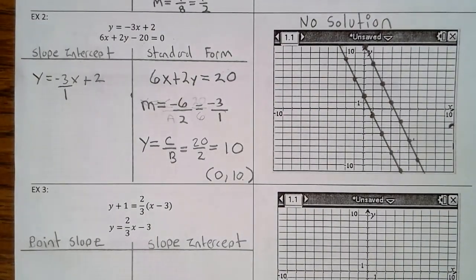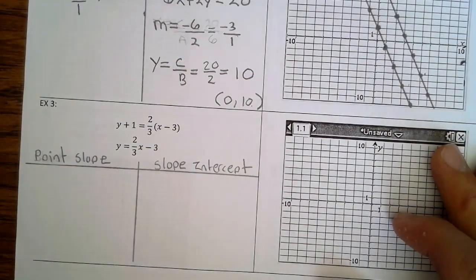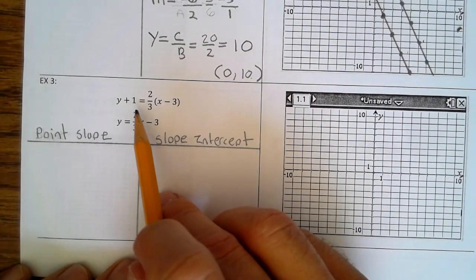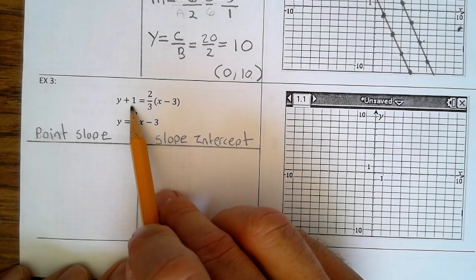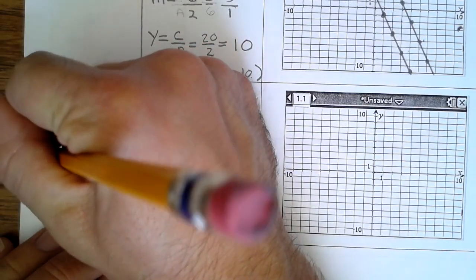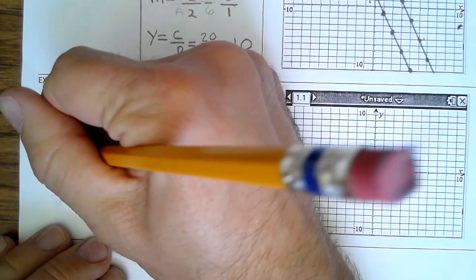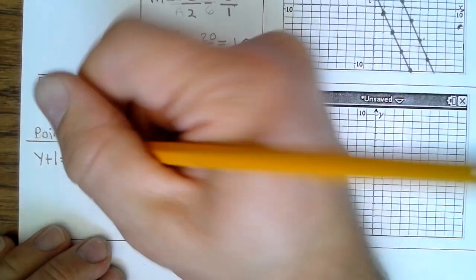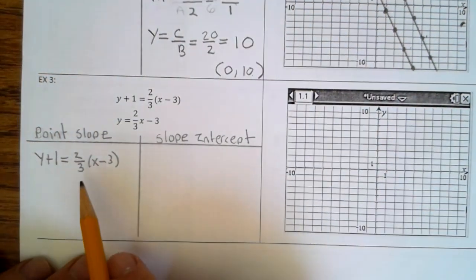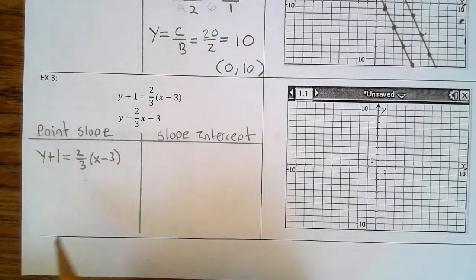All right, let's take a look at example 3. All right, so it looks like we're close to point-slope on the first equation, but there's a couple things we need to do. We need to first distribute the 2/3.